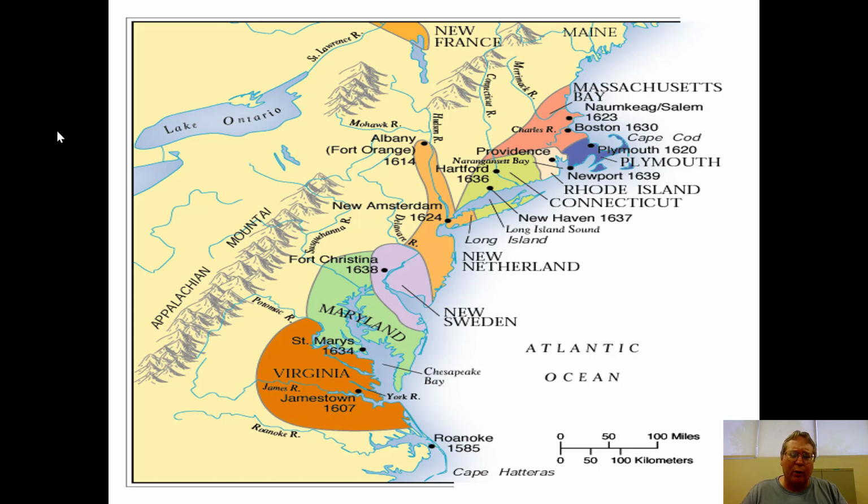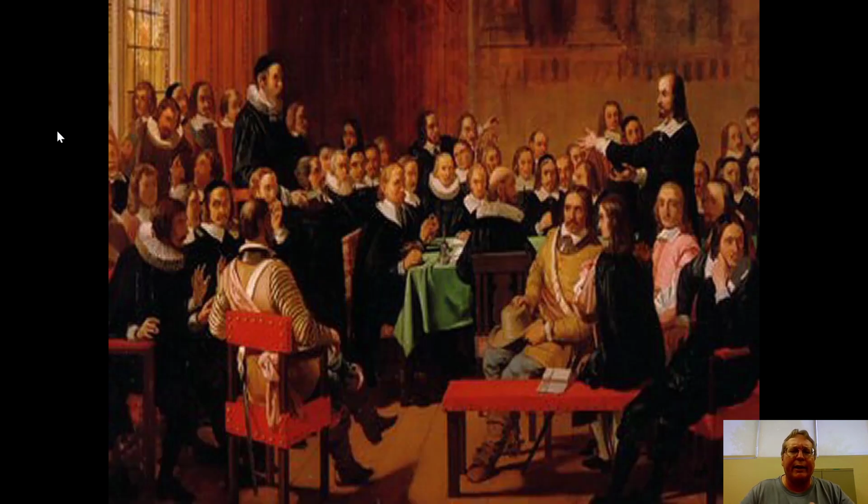Virginia itself has more people than any individual colony, but all of New England physically is about the same size and has way more people. So there's a lot going on here in New England that we have to keep in mind.